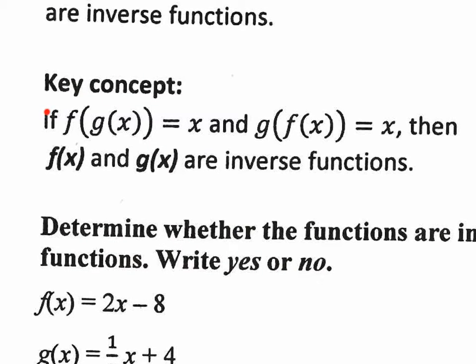If you take one function, g of x, and plug it into your f of x function, and your answer is nothing but x, and then if you go the other way around, plug in your f of x into the g of x function, and your answer is also nothing but x, then f of x and g of x are inverse functions. I know it's kind of weird, but it's pretty simple.